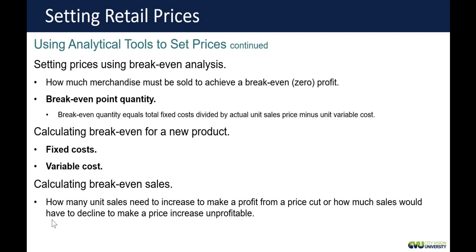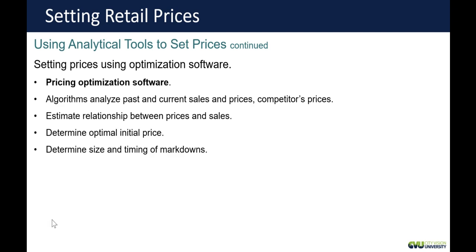We subtract our variable costs. Variable costs do change with the number of units sold, and a lot of times that is your cost of goods. So when we talk about break even, you need to think about your fixed costs versus your variable costs, and then figure out how many units I need to sell. That would be another way to do it.